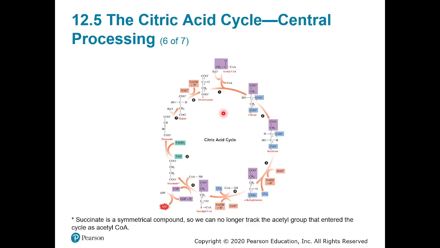All right, so the succinate is a symmetric compound. We can no longer track the acetyl group that entered the cycle as acetyl-CoA. So when we get to that succinate over here, because it's symmetric like this, we no longer actually have an idea of which carbons we have coming out. In fact, you can track them by labeling them isotopically.